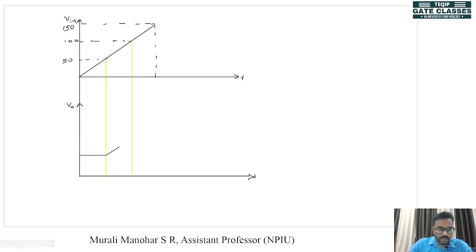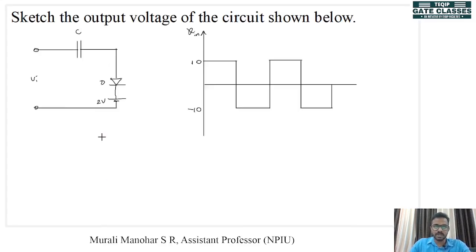From 50 to 100, V out is equal to V in, and after 100, it is equal to 100 until here. Okay, this is 50 and this is 100. So this will be the output voltage. Clear? Okay. Now let's go into the next problem.